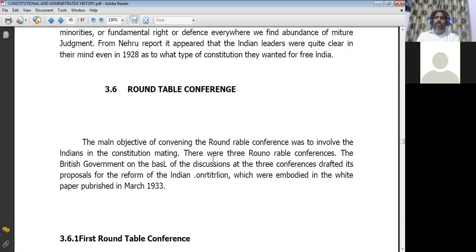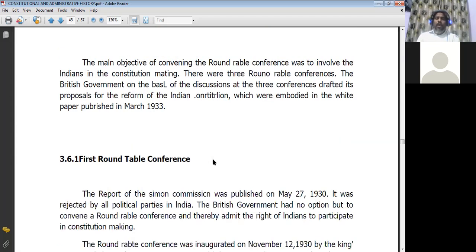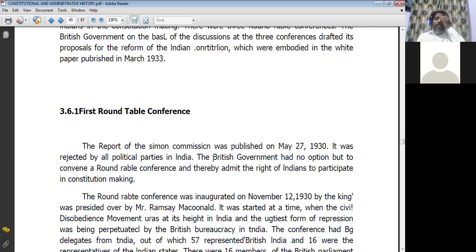The main objective of convening the roundtable conferences was to involve the Indians in the constitutional system. Three roundtable conferences were conducted, and on the basis of the discussions at the three conferences, the British government adopted its proposals for the reform of the Indian constitution, which were embodied in the white paper published in March 1933. So we'll see what took place at the first roundtable conference.